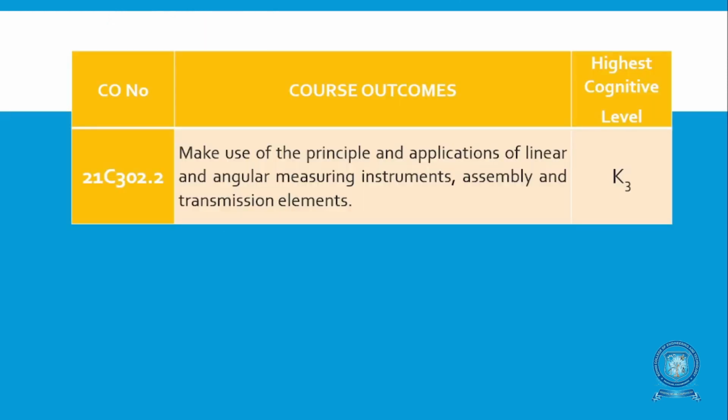So this is the course outcome of the second unit. From this second unit we can deliver the impact of the measuring instruments to the students, and students will be able to use the principles and applications of linear measuring instruments, assembly and transmission elements for work purposes in the industries.